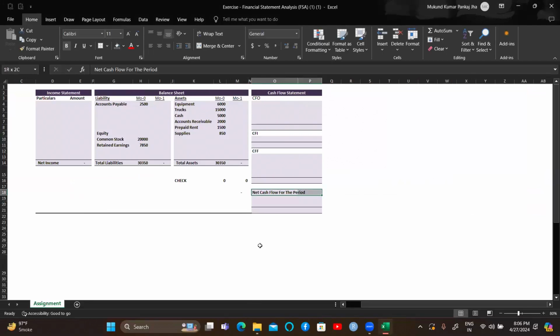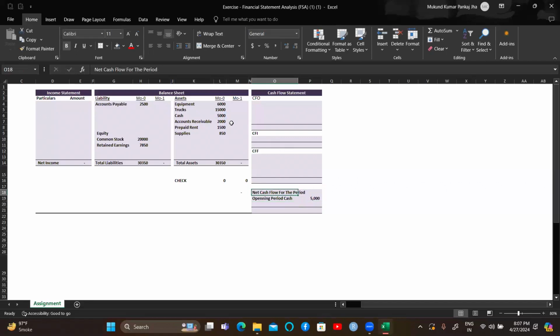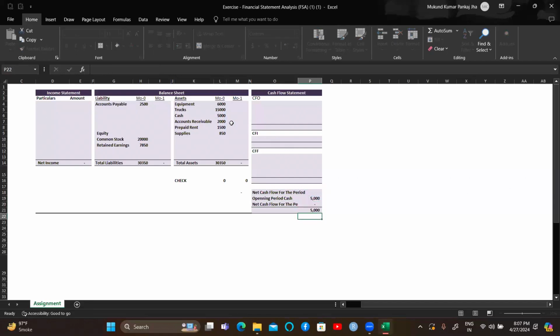Opening period cash, that is 5,000. Net cash flow for the period, this will give me closing period cash.